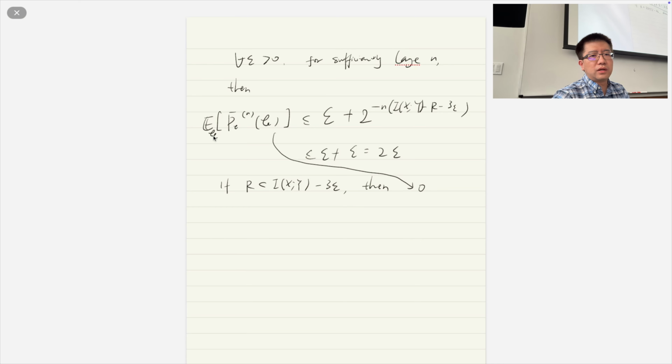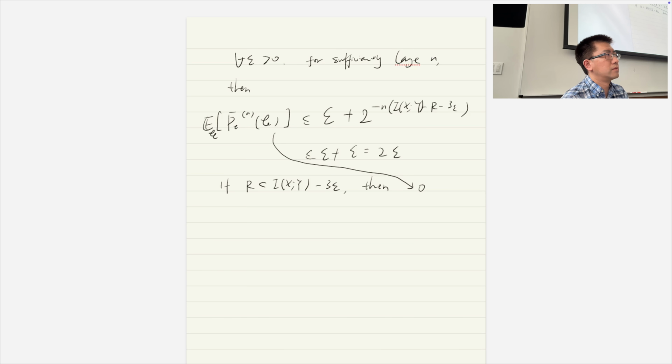Okay, the first problem is that, can we get rid of this expectation over the code word? Can we? Remember, we don't need to construct the code book. Our goal is to show the existence.